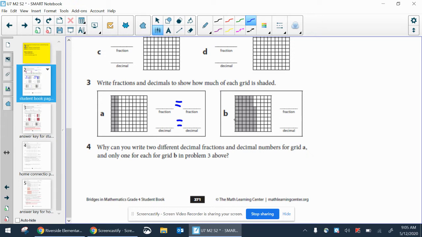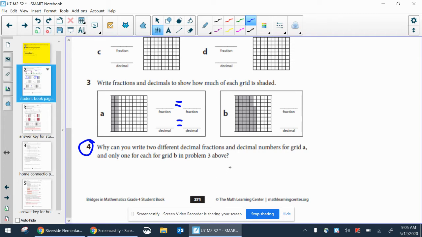Here's the visual. What is this number represented as a fraction and as a decimal? Then problem 4, why can you write 2 different fractions and decimal numbers for grid A and only one for each for grid B in problem 3 above?